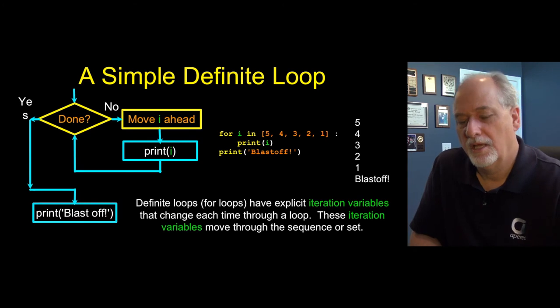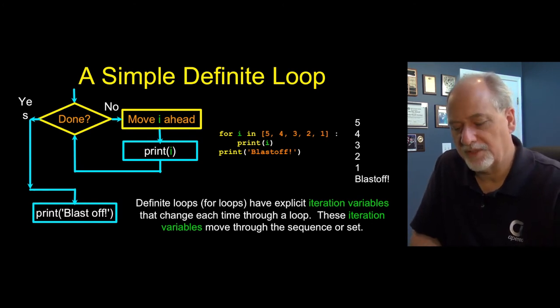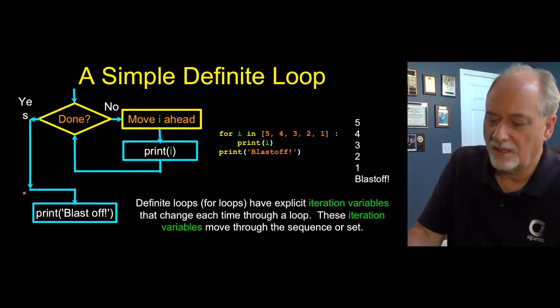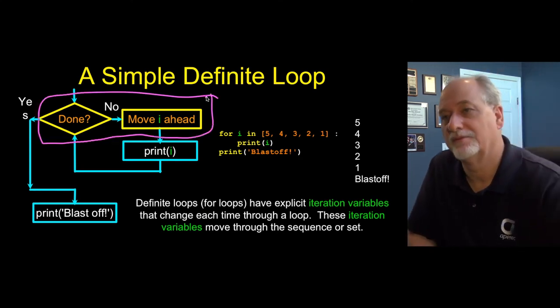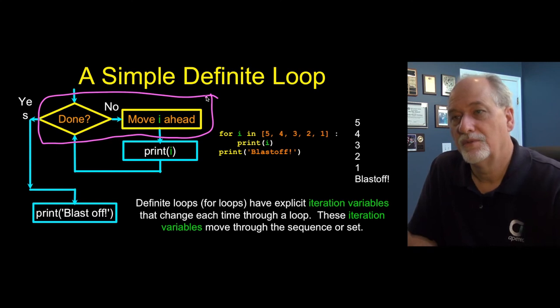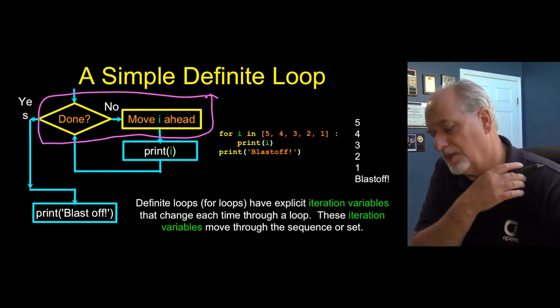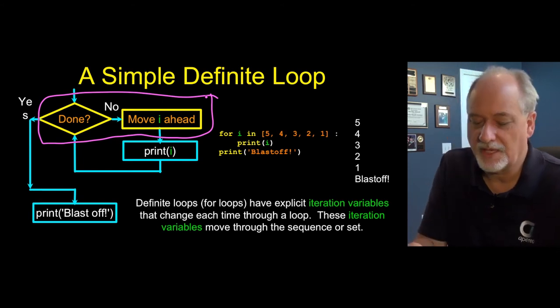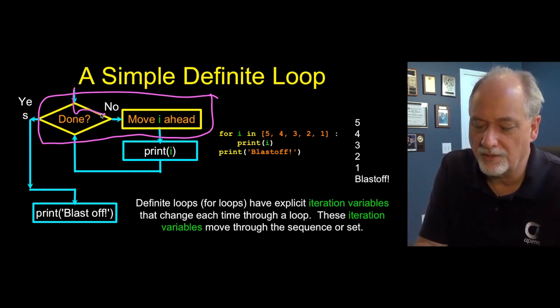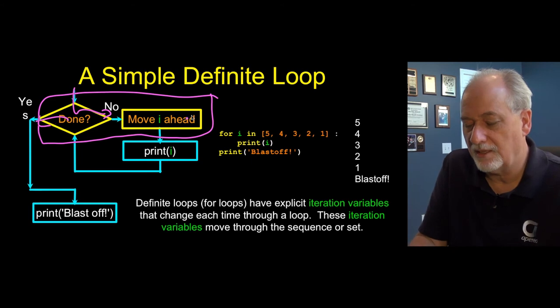So if we try to draw a picture of what this is really doing, the for loop is actually doing a whole bunch of stuff that we would have to do with separate statements in the while loop. First, it decides how many times to run the loop, so it's answering the done question, which way do we go, and it is also moving I ahead.